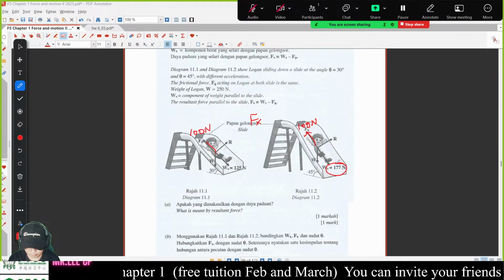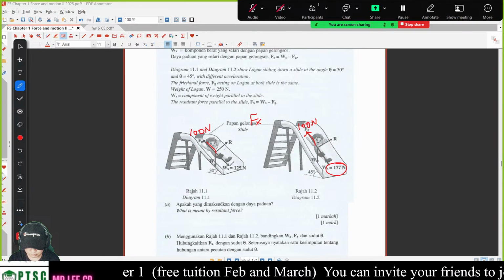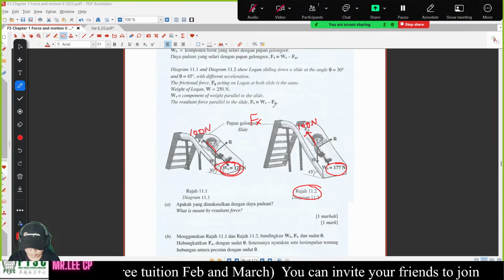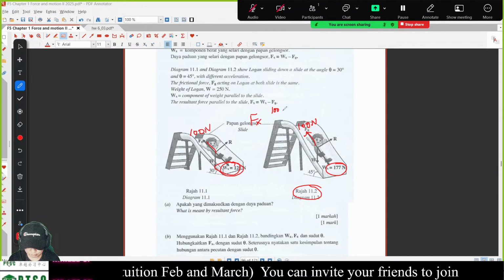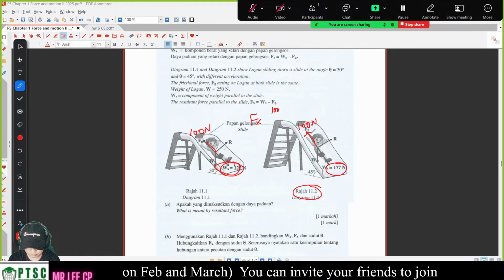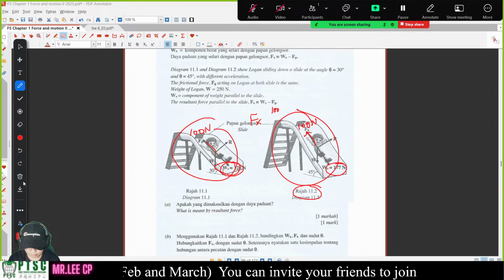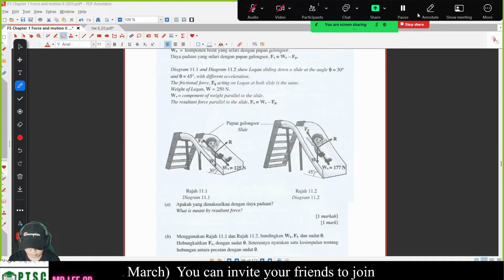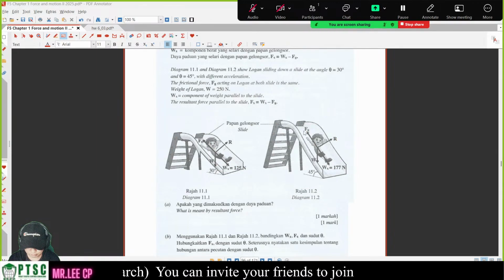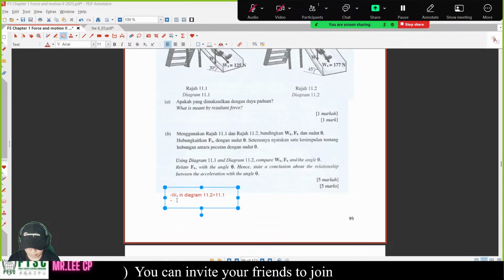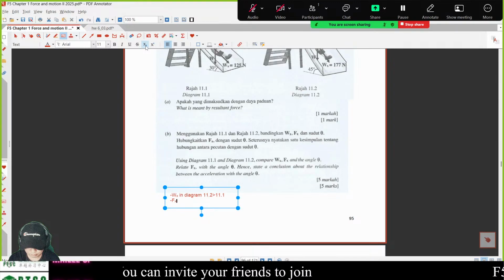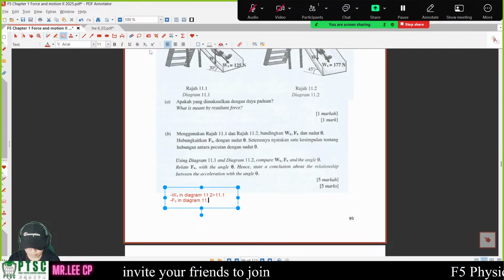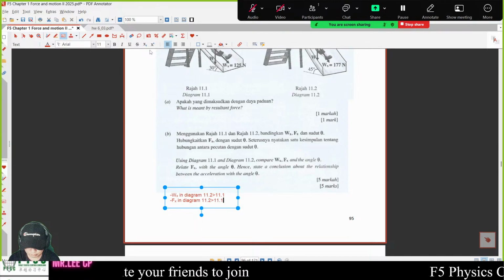Of course, this one is bigger than this one. 11.2 is more than 11.1 because this one is fixed. I don't know how much, but it is fixed. But Fx for this one is greater than this one because Wx is more. So Fx in diagram 11.2 is greater than 11.1.